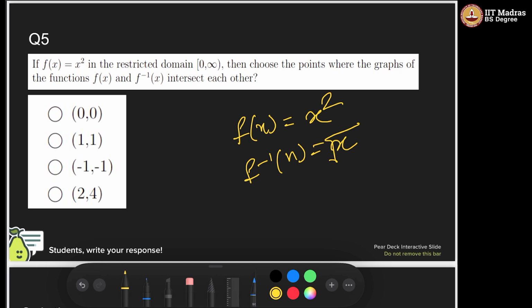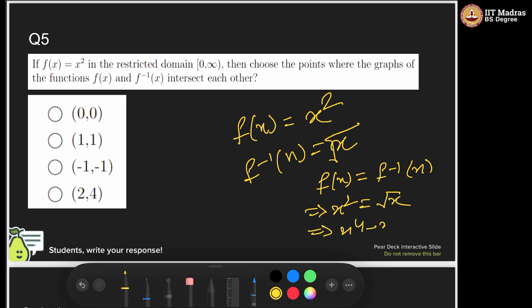Now we have to find the points of intersection. The point of intersection means we have to equate the functions. That means the particular point will be on both the curves f and f inverse. So from here we get x square equals root over x. It implies x power 4 minus x equals 0.